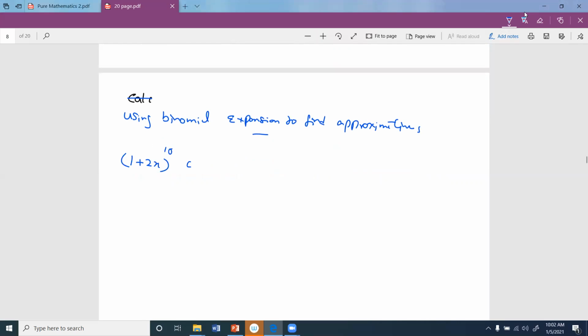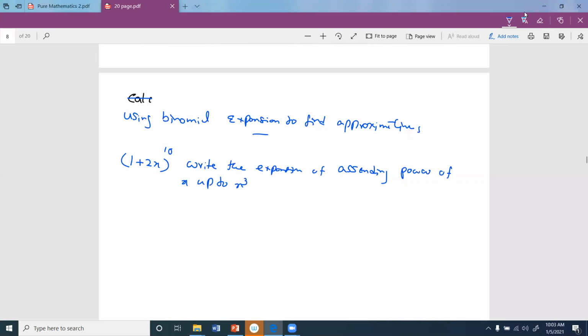They can ask you to write the expansion of it in ascending power of x up to x to the power 3.